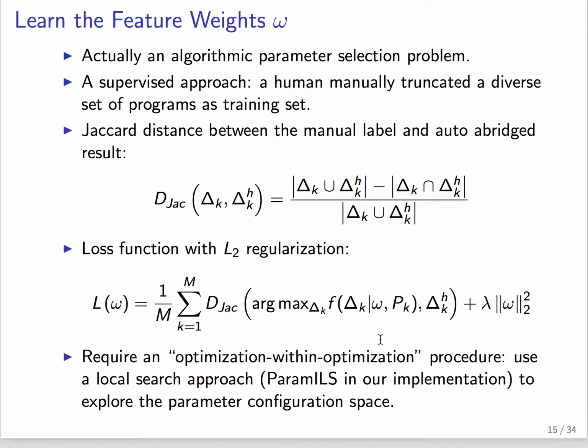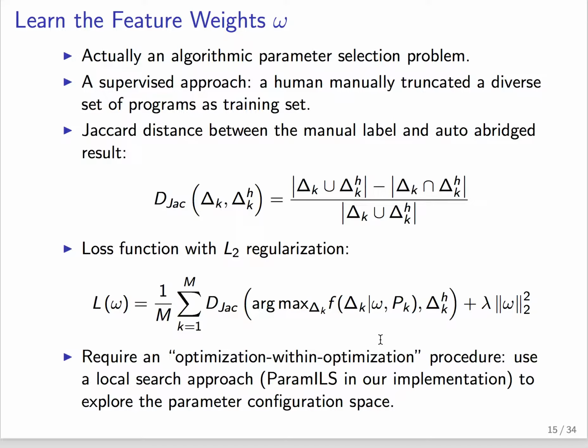Okay, so with the help of this formalization, the next step is how can we determine the features necessary for each statement, and how are we going to decide the parameters, or say the magic weights, as I suggested before. I will first talk about how we choose these magic weights. We can assume we already determined the features. Actually, this is an algorithm parameter selection problem, and we use a supervised learning approach, which means we ask an expert to manually truncate a diverse set of programs as the training set.